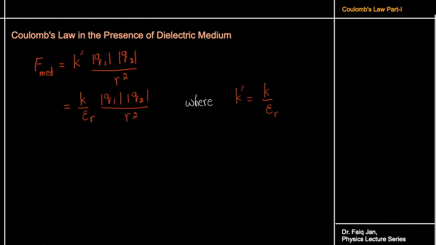Now, the above expression can be rewritten as 1 over epsilon r times K mod Q1 into mod Q2 by R square.